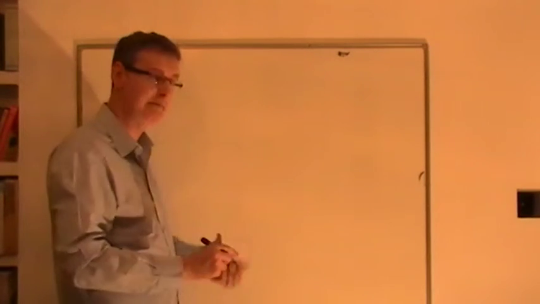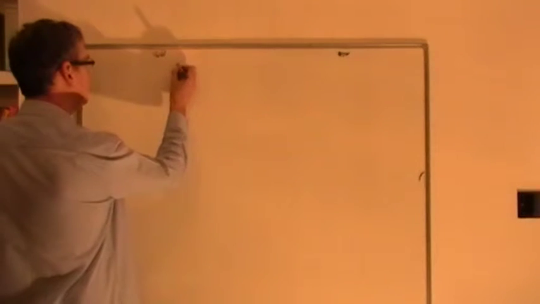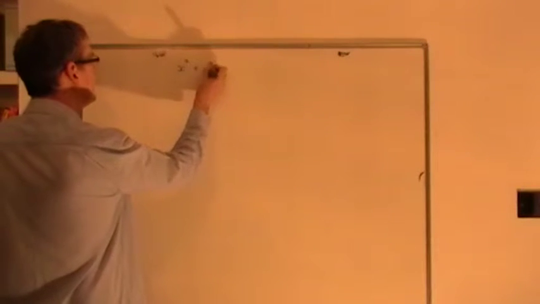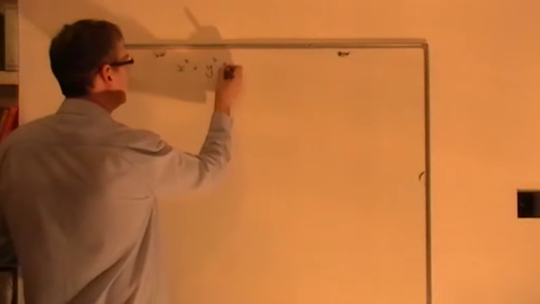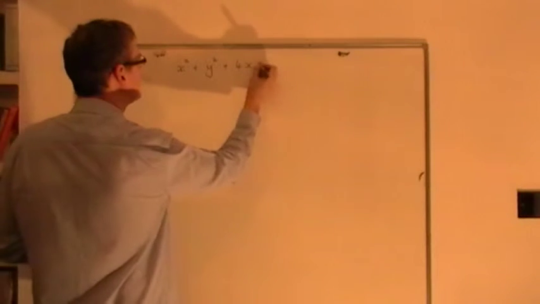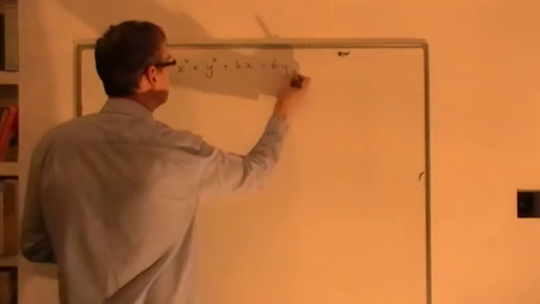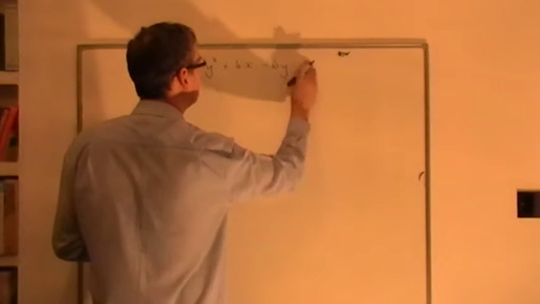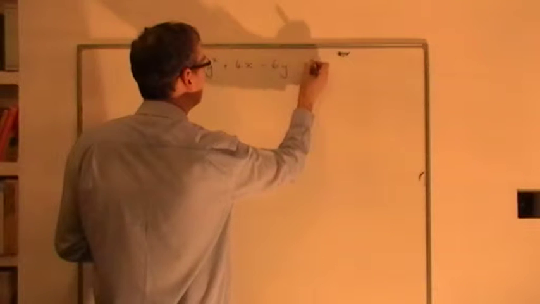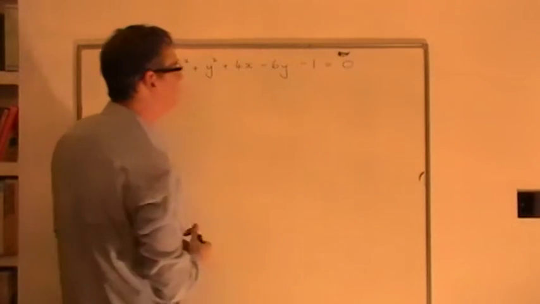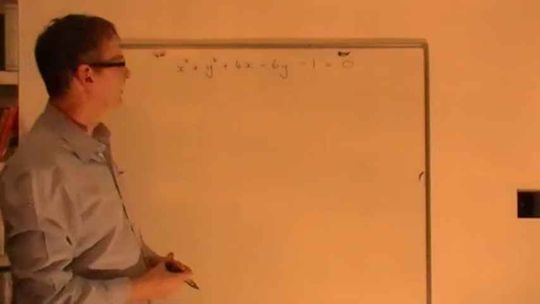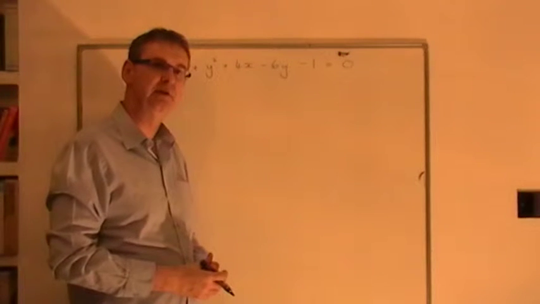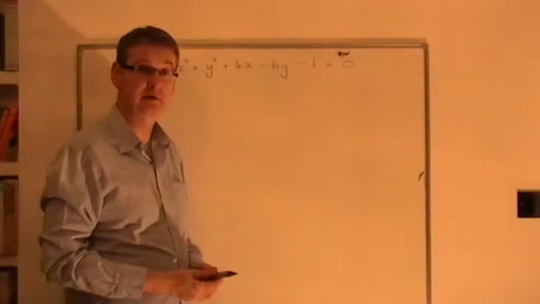Okay, so I'll give you an example of this. Here's an equation of a circle: x squared plus y squared plus 4x minus 6y minus 1 is equal to 0. That is an alternative version of the equation of a circle.